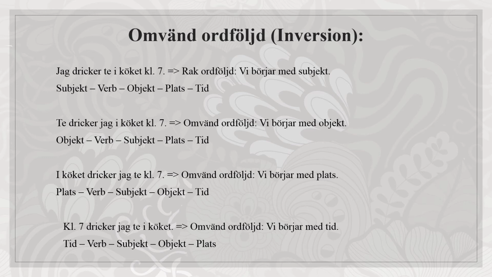But we have started the sentence with place, that is I köket. This is also an example of omvänd ordföljden. Plats, verb, subject, object and tid.